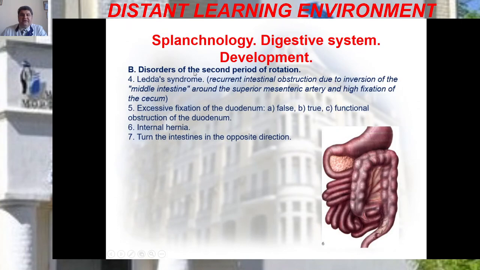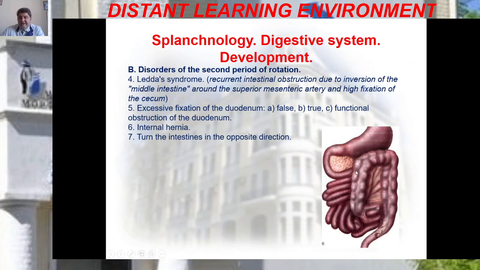Next, you can see disorders of the second period of rotation, Ladd syndrome, recurrent intestinal obstruction due to inversion of the middle intestine around the superior mesenteric artery, and high fixation of the cecum. Excessive fixation of duodenum, internal hernia, and turn to the opposite direction.